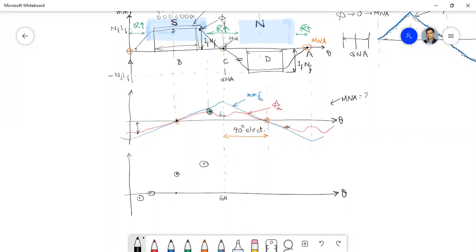So this is the geometric neutral axis, but here you will get some positive flux, because you get some flux contribution from the armature winding. Therefore, the geometric neutral will not give a 0 flux, or magnetic neutral. So the magnetic neutral will be shifted towards the right. So that means if we draw this curve now, it will look like this.